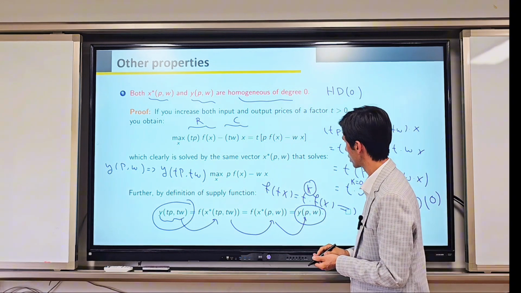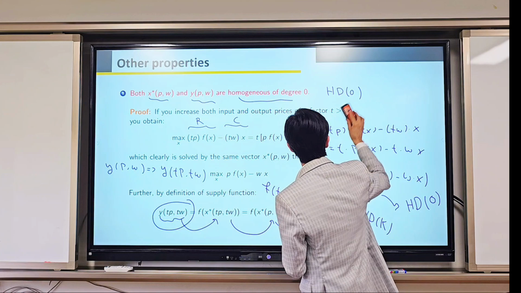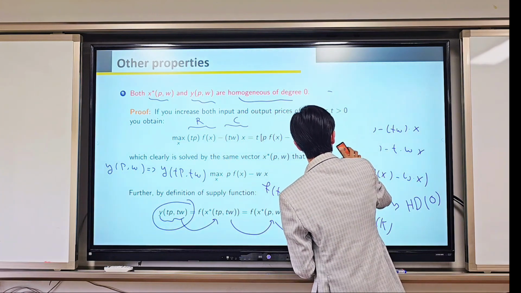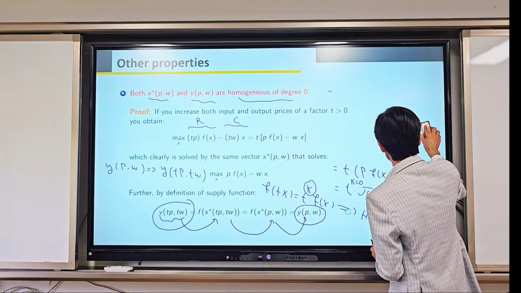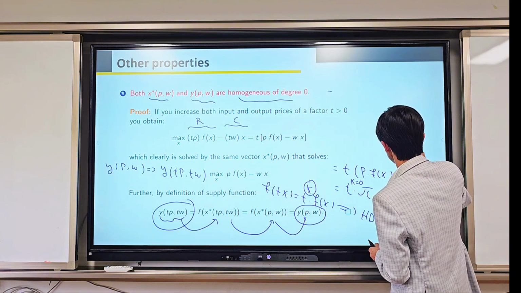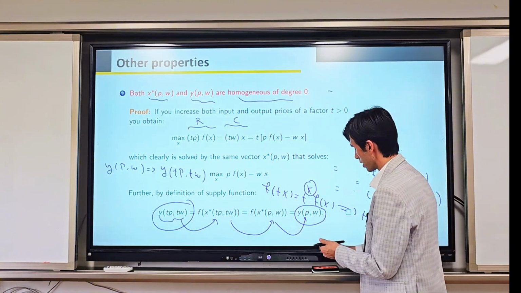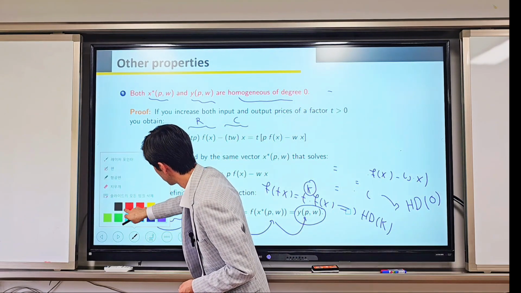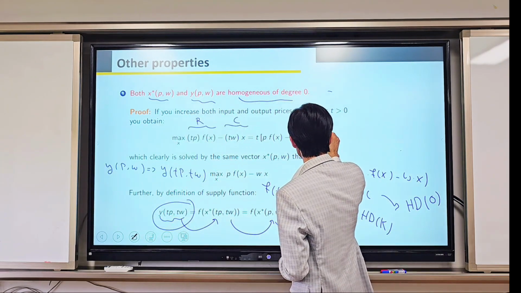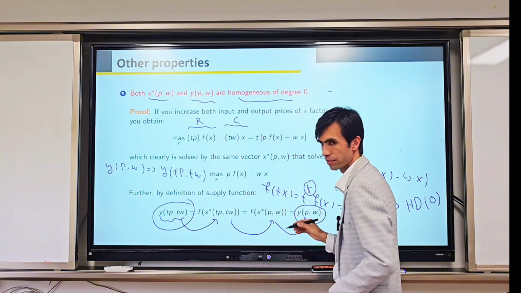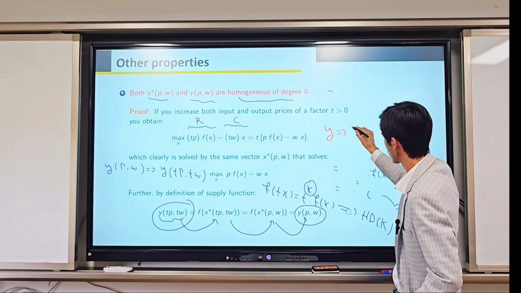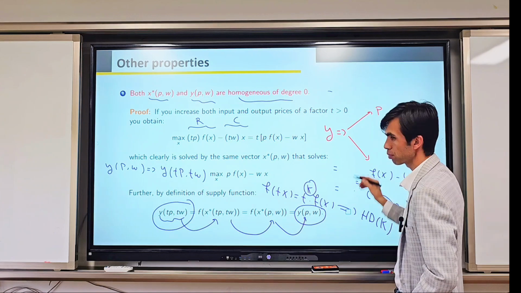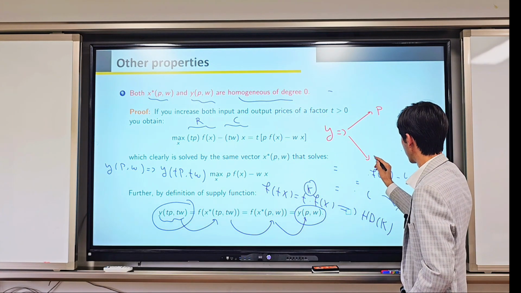So let me tell you by example. Suppose that this is our output, Y. We have two things that affect this Y: its own output price and the input price.